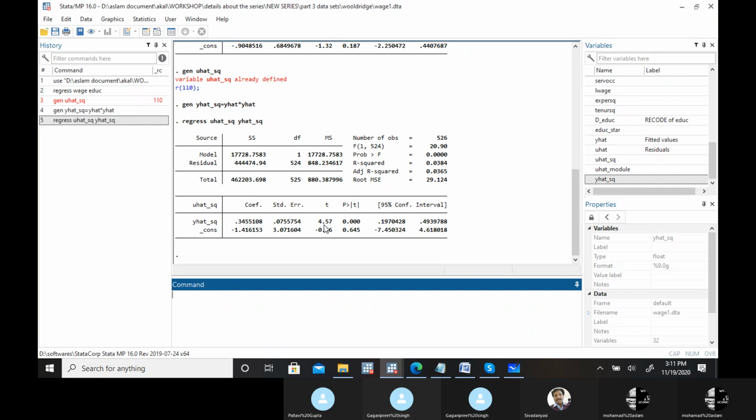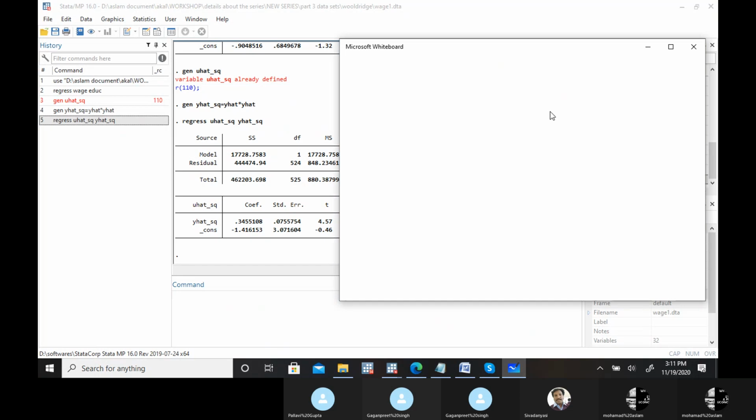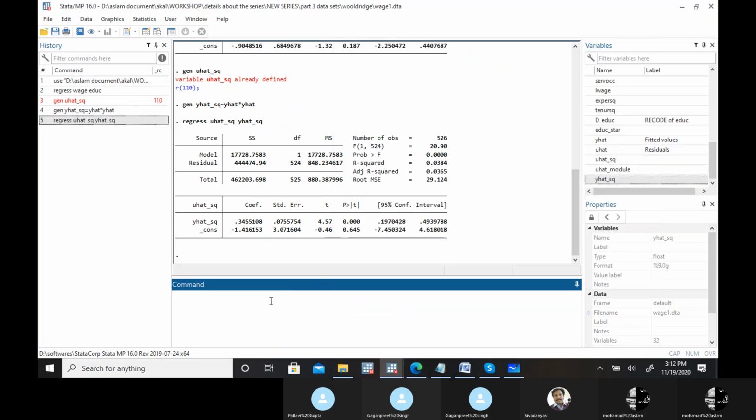And what is Y hat? I can write here. Your Y hat is actually made of all your coefficients.